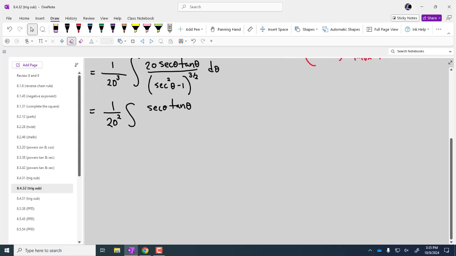Tan squared to the 3/2. And what's tan squared to the 3/2? Yep. So that's going to be tan to the 3rd. And doesn't one of those then cancel with the tangent in the top? So we get secant over tangent squared d theta.